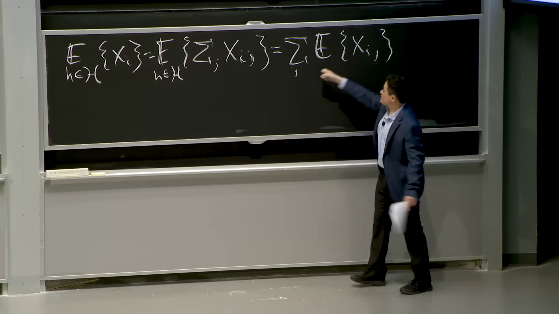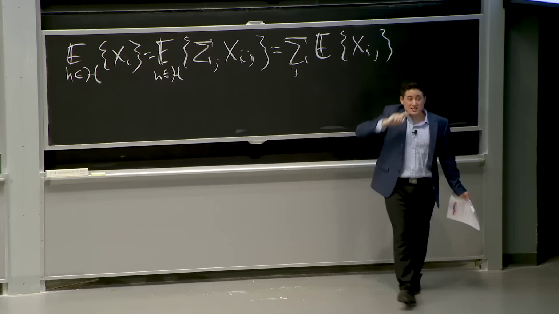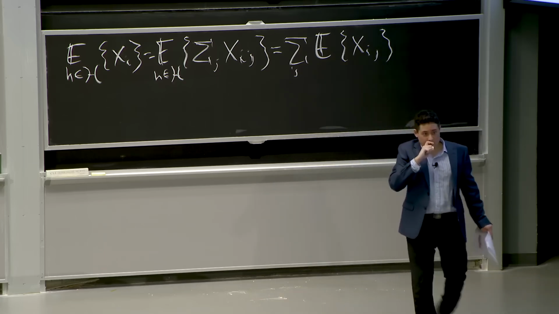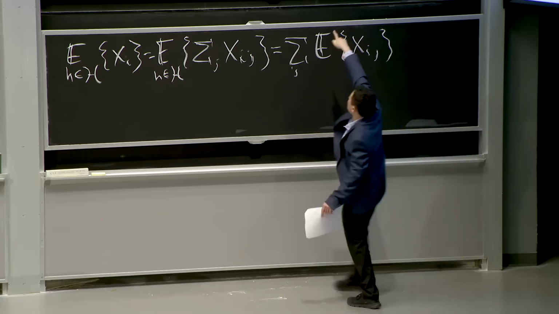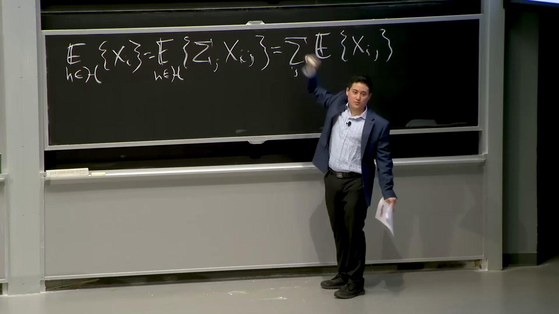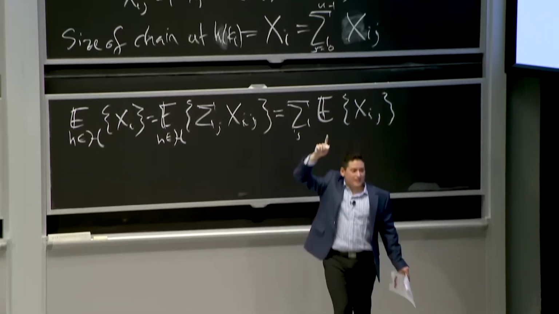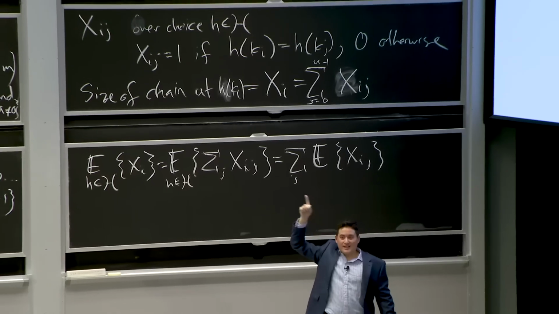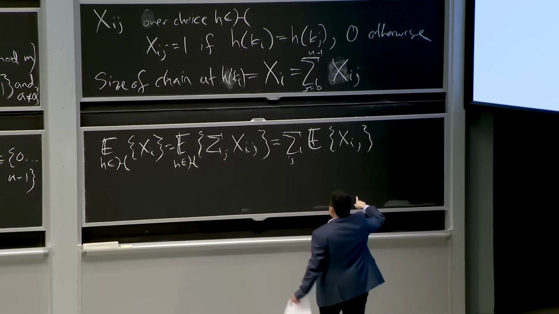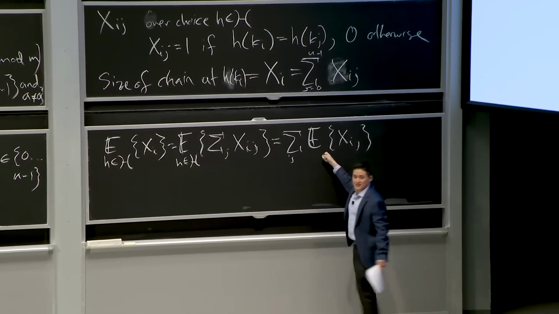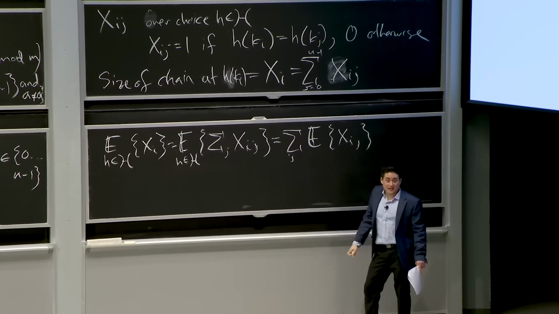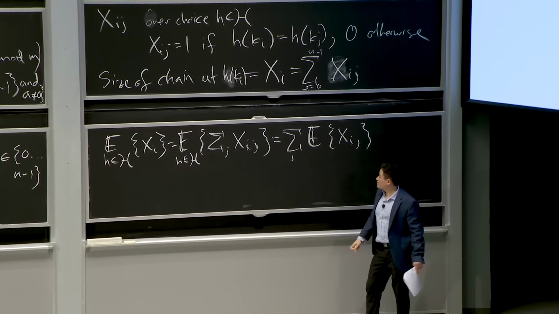One of these j's is the same as i, right? j loops over all of the things from 0 to u minus 1, and one of them is i. So when h_i is h_j, what is the expected value that they collide? 1, right?